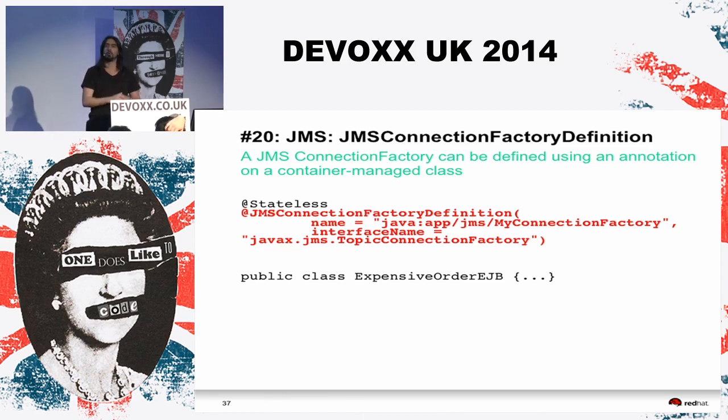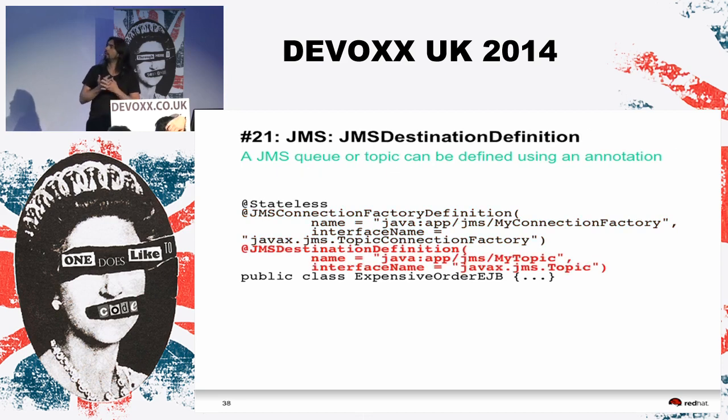So you don't have to go to your admin console and create a factory. You can also do that with an API. Same thing for destinations. If you want to create a topic or a queue, you can either do that in your admin console or just with code. So that makes it nicer to bootstrap an application in different servers.